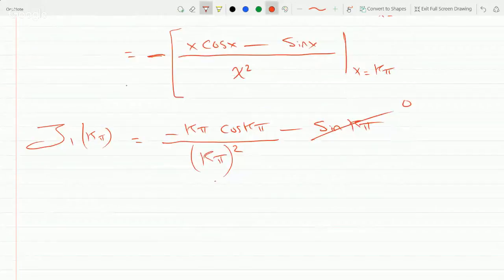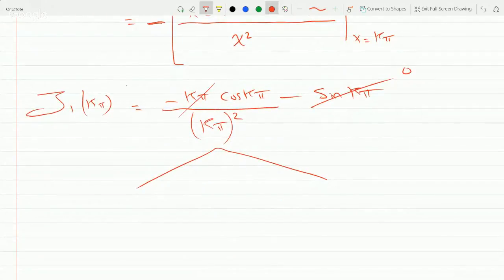One of these cancels one of these, so if k is even, we get minus 1 over k pi, because cosine of even multiples of pi is 1.